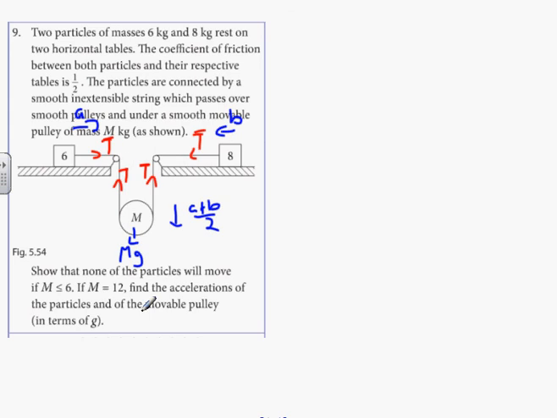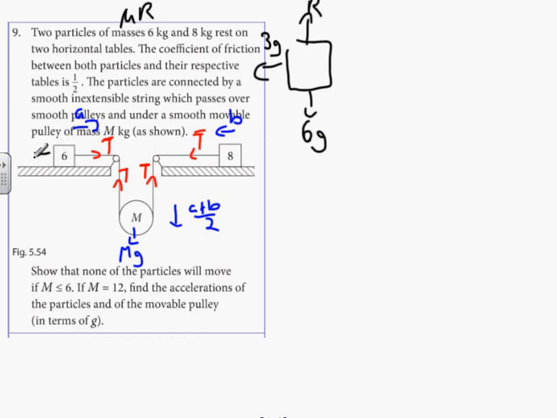We're going to have to isolate A and B, like usual, okay? So, they both have friction. We'll just do the friction really quickly. For the 6 kilogram particle, R goes up, 6g goes down, which means friction is mu R, which is a half of 6g, so that's going to be 3g to the left. Everybody happy with that?